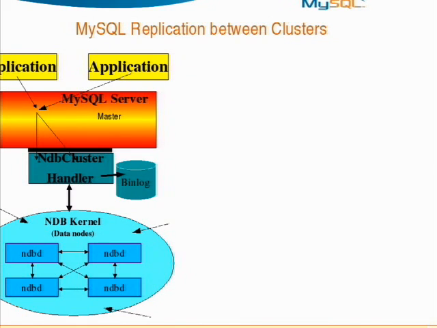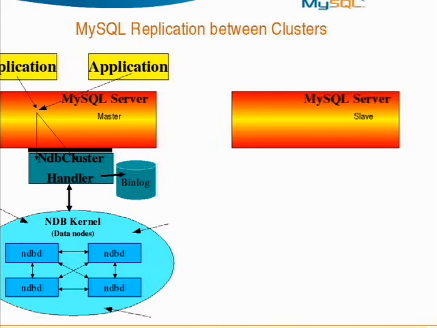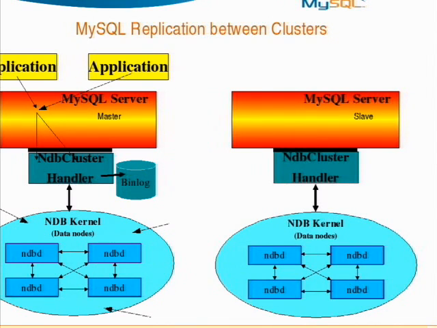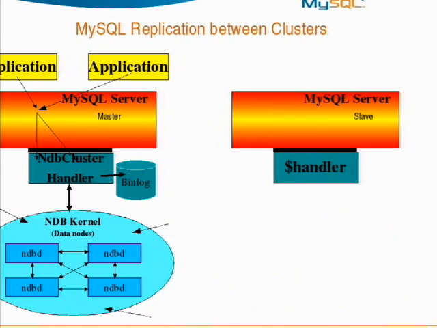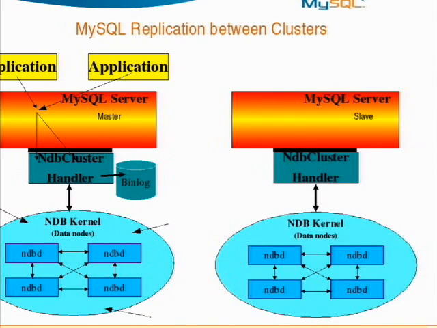And the NDB cluster handler inside that is where the injector thread lives, which will get the events out of the cluster and write them to the binary log. You can then have a slave, which can also be connected to a cluster. So you can have a slave cluster, or if you're feeling adventurous and think that one of the other table handlers can keep up, you can quite welcomely have another one there. But we're going to go with the cluster because that's what real customers are using and what we envision most people will be using this for.